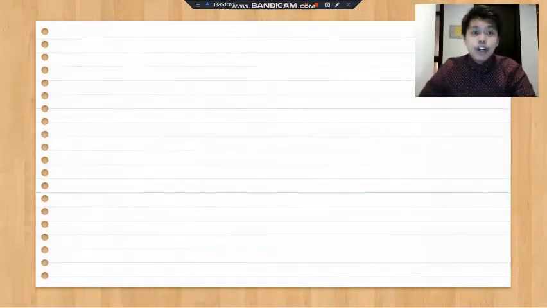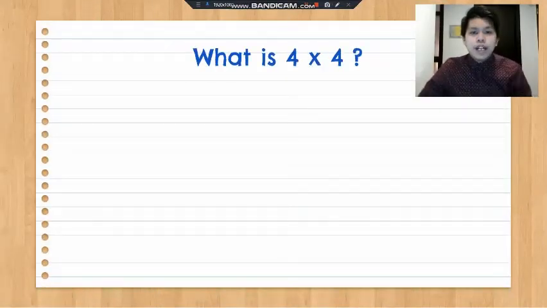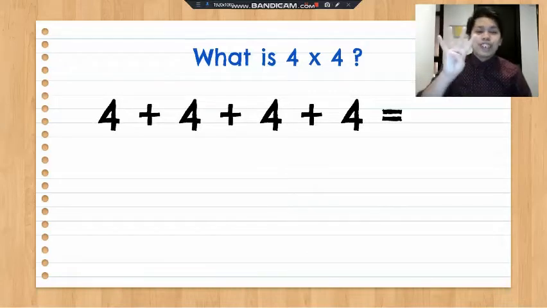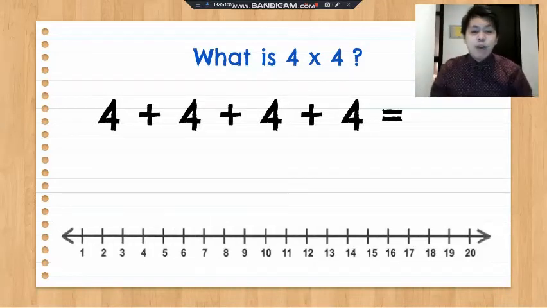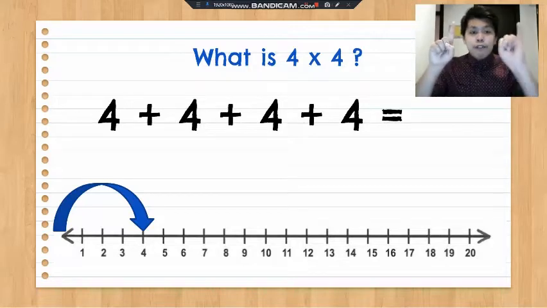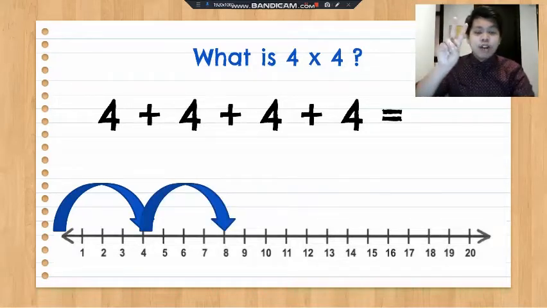Let's have another one. What is 4 times 4? 4 plus 4 plus 4 plus 4, because you need to add 4 four times. Now let's have our number line. Let's count 1, 2, 3, 4. That is the first one. Again, 5, 6, 7, 8. That is the second one.